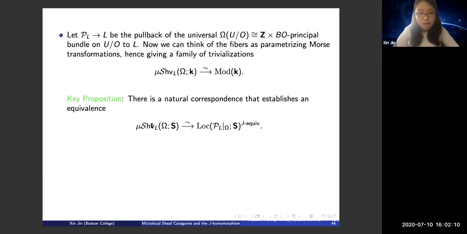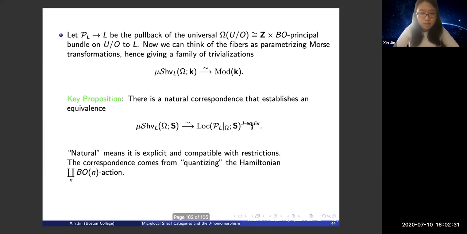So you have a canonical, natural identification, by some family of correspondences, that gives the equivalence between mu sheaf omega and local systems with a twisted equivariant structure. And you can make this compatible with restrictions. So at the end, once you have this identification, by some tautology, the theorem follows.